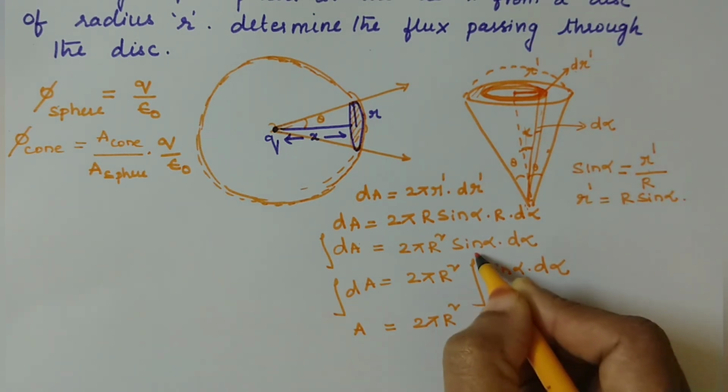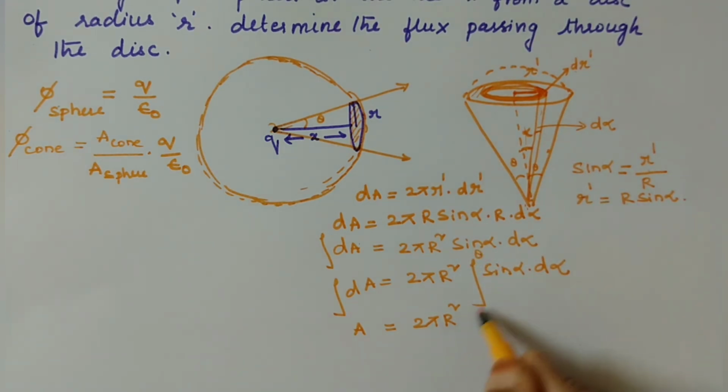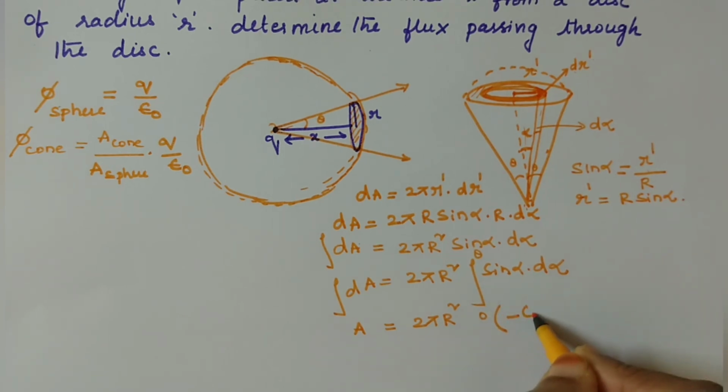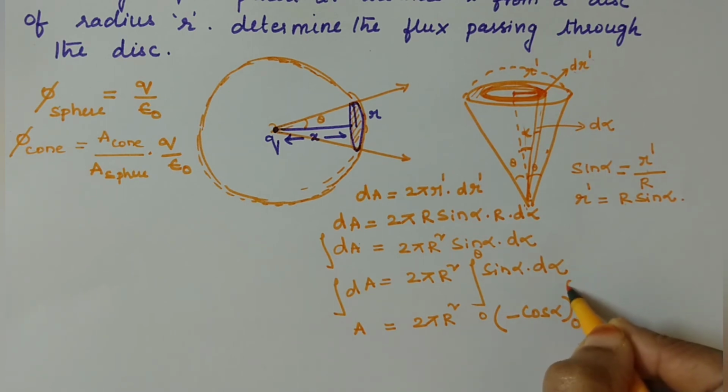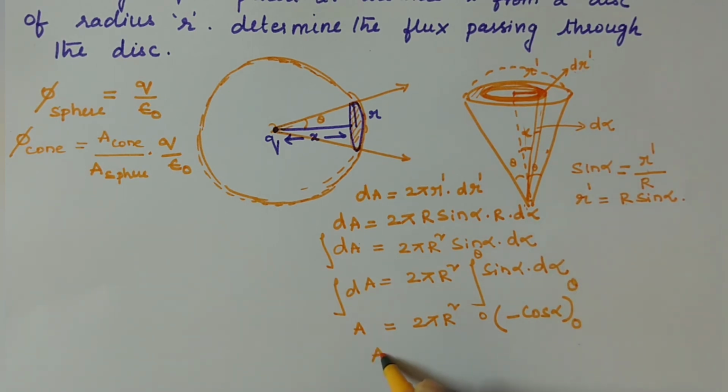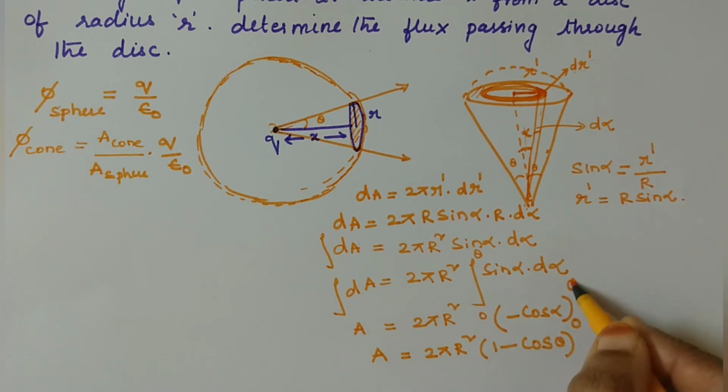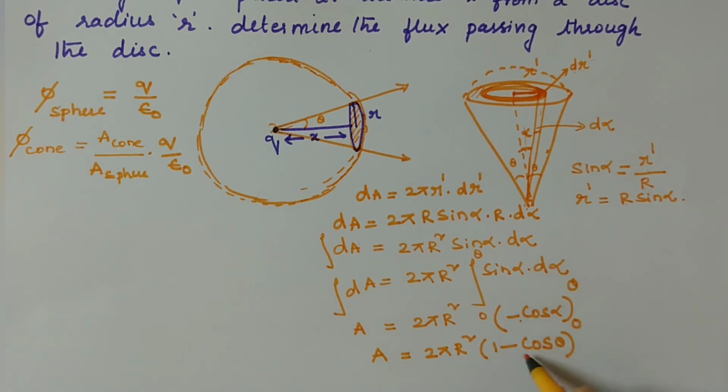So limits are from 0 to theta. Integral of sine alpha into d alpha is minus cos alpha, limits from 0 to theta. So you get the area of the shaded portion as 2 pi R square into 1 minus cos theta. Actually it is cos 0 minus cos theta, and cos 0 is anyway equal to 1.